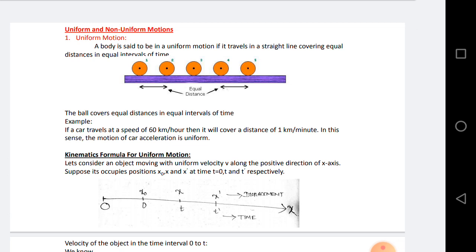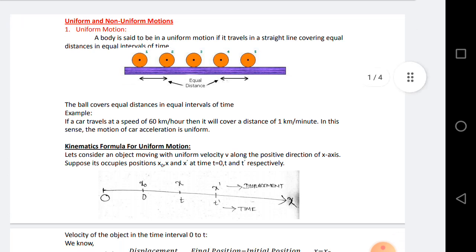That is the velocity of the car, so we can say the car is going at a uniform velocity. If the car is covering 1 km per minute, ultimately it will definitely cover 60 km per hour, एक घंटा में 60 किलोमीटर कवर डेफिनेटली करेगा because it is covering 1 kilometer in 1 minute time frame.